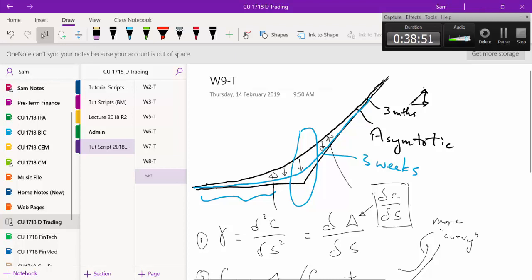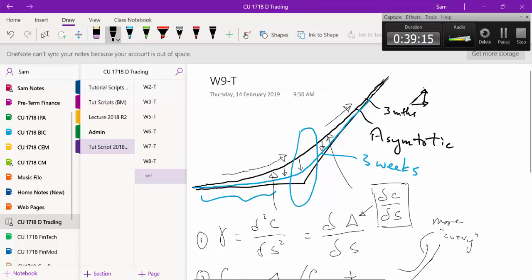You can see that the delta of the 3-month option will start changing, and the changes are a little bit more steady, whereas the blue one doesn't do much.